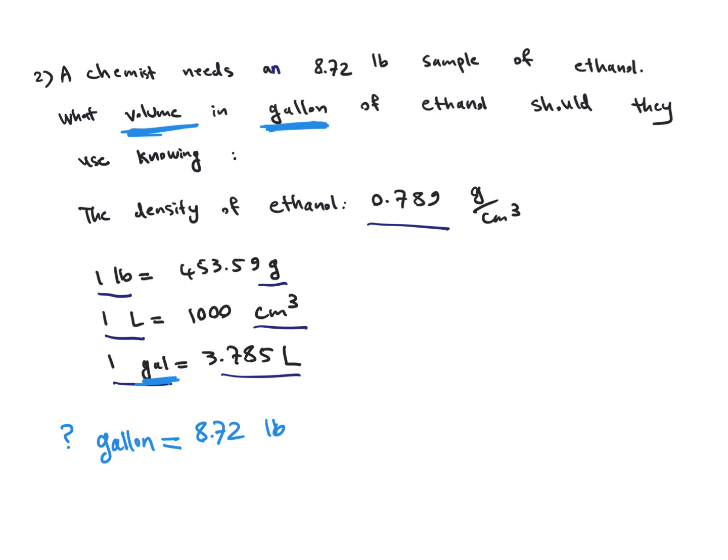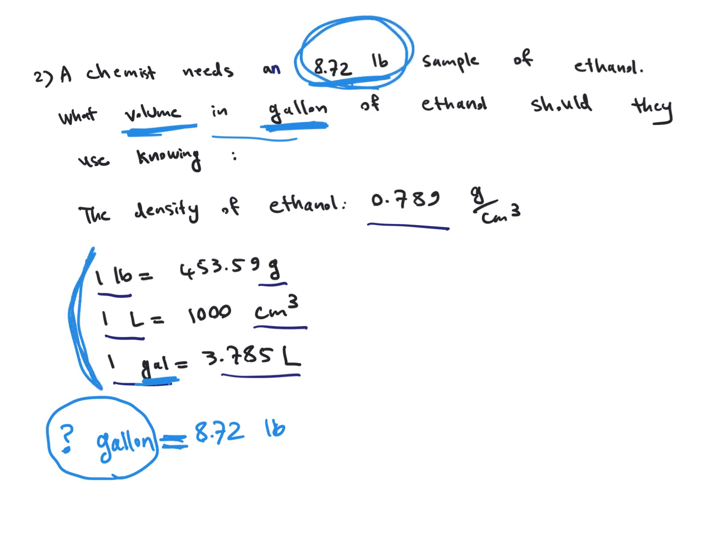8.72 pound. Remember, anything that you want to find, rewrite with a question mark, equals the thing that is given in your question statement, because these are your conversion factors, remember. So multiply. How can I convert pounds to gallon? I want to relate mass to volume.